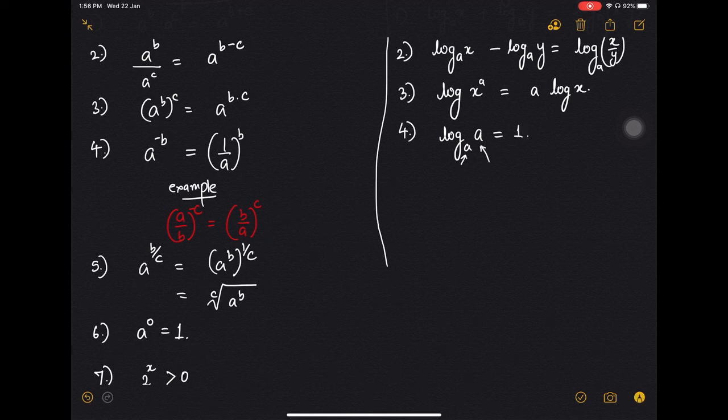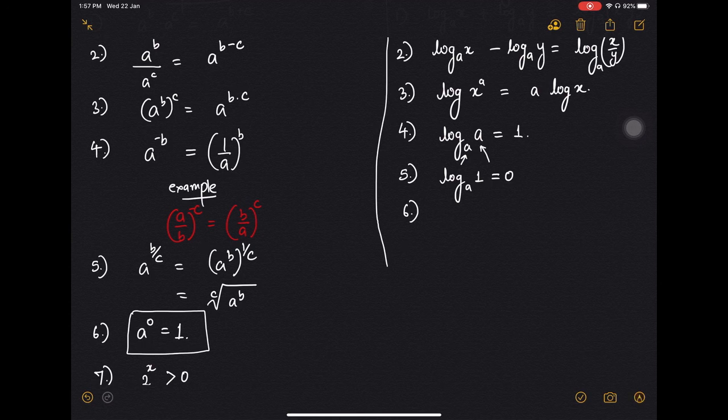So you got that right, the result is 1. Log of any base of result 1 will be 0. This is exactly opposite to this rule here. It means that if with any base the result is 1, then definitely the exponent must have been 0.